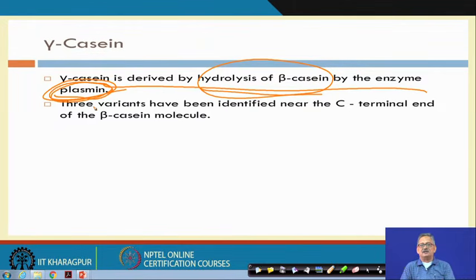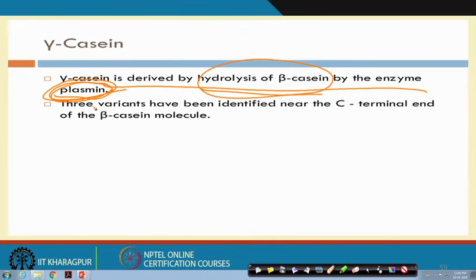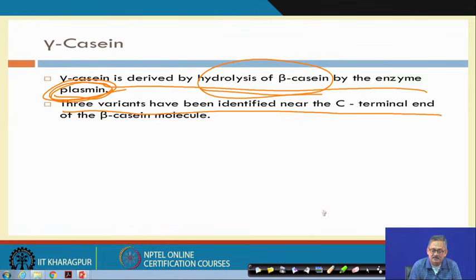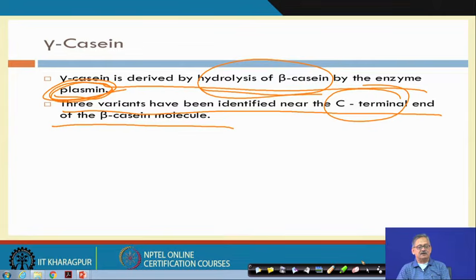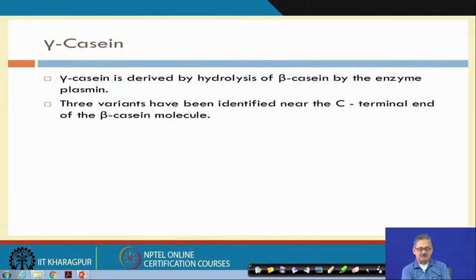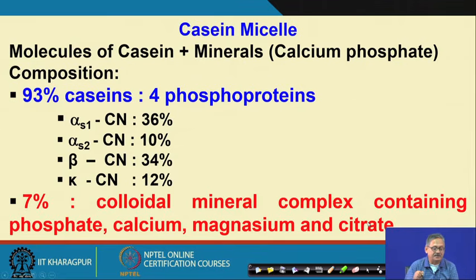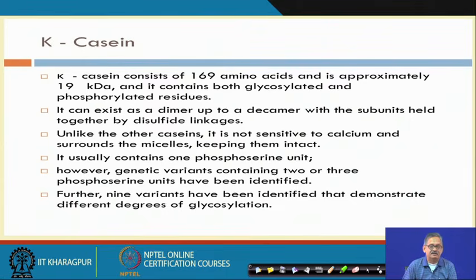So, from beta casein, gamma casein is produced by hydrolysis with the help of the enzyme plasmin. And 3 variants have been identified near the carboxyl terminal end of the beta casein molecule, right. So, there could be 3 such variations of gamma casein.